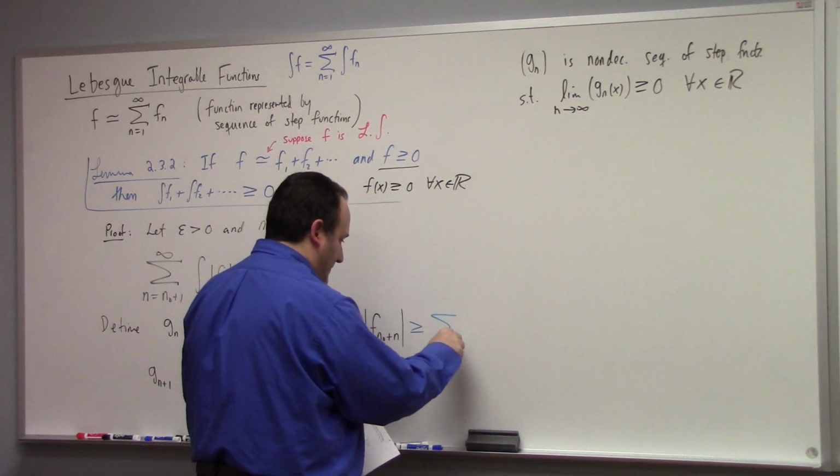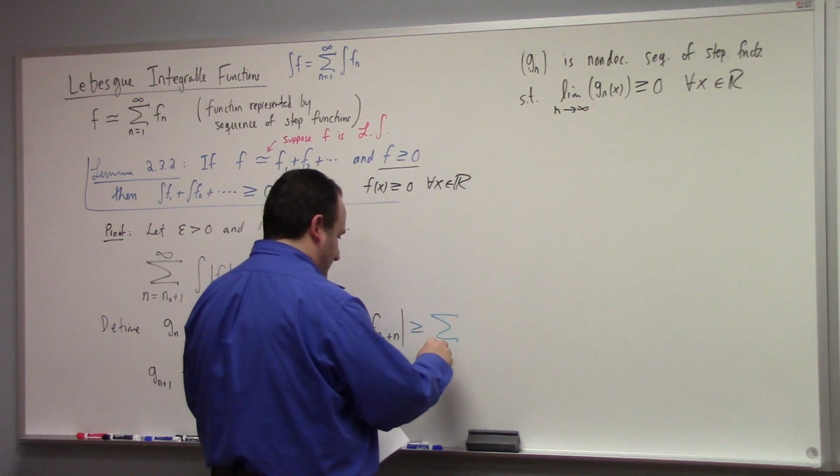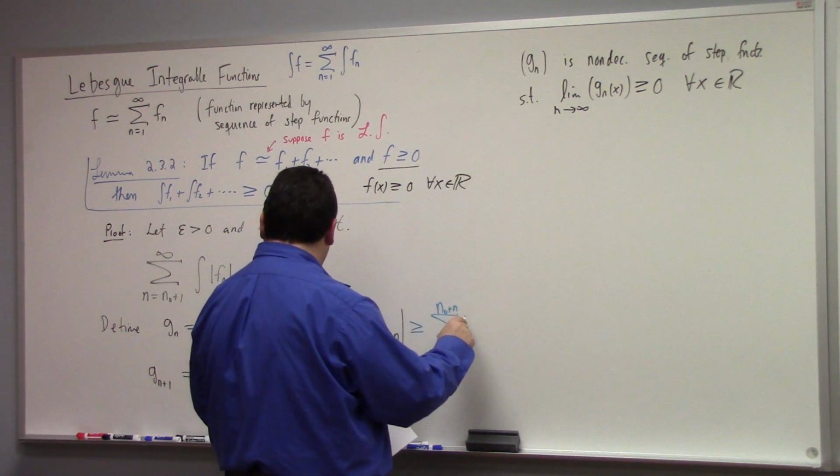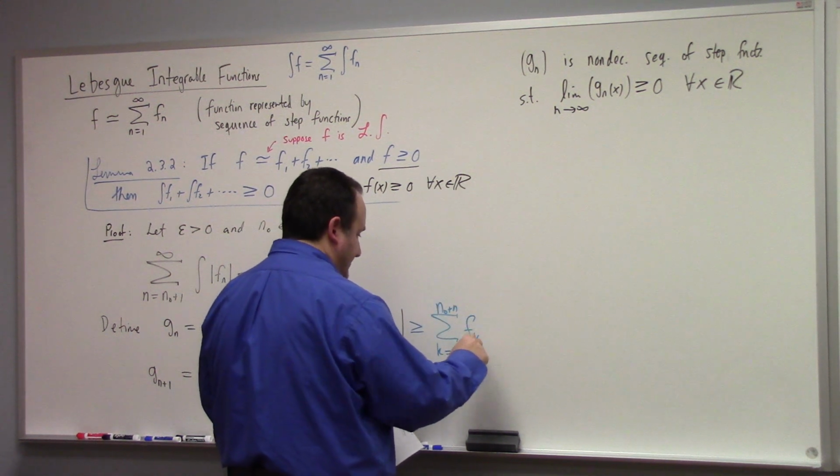I mean the sum k equals 1 to n naught plus n of f sub k, right?